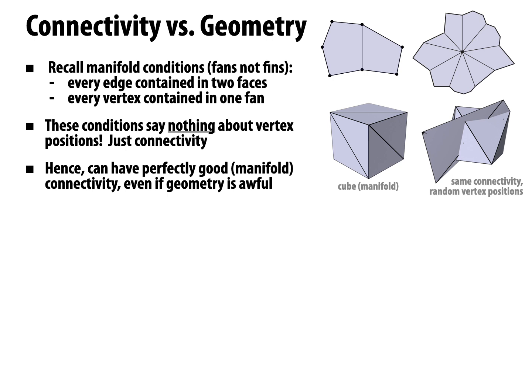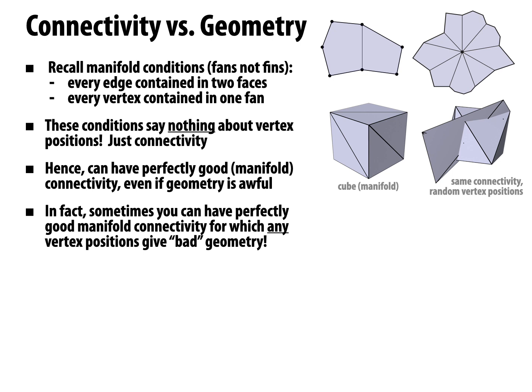No problem. Right? In fact, one thing that's a little weird about this half-edge data structure when you first start working with it is you realize, oh, I can actually have perfectly good manifold connectivity even though there's no possible vertex positions I can assign that give that good geometry. So here's a really simple case.